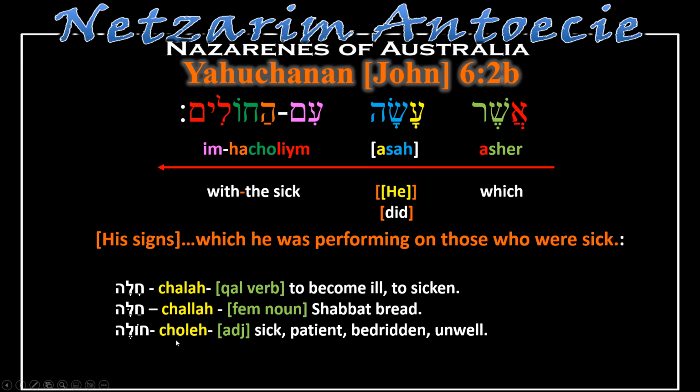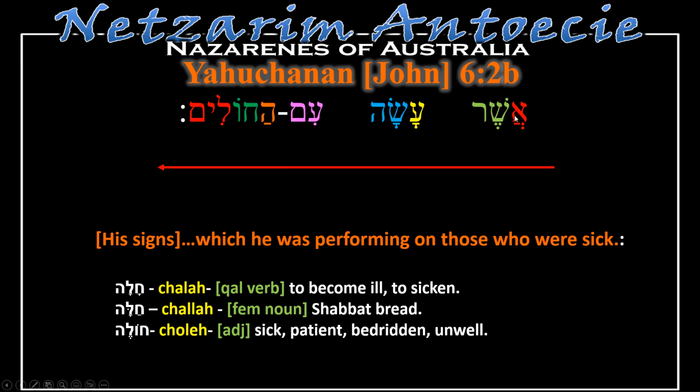And then I've given you also chole, which as an adjective means sick, or it can mean a patient, it can mean bedridden or unwell. So let us begin and read it. Asher, asa im ha-cholim, which he did with the sick.